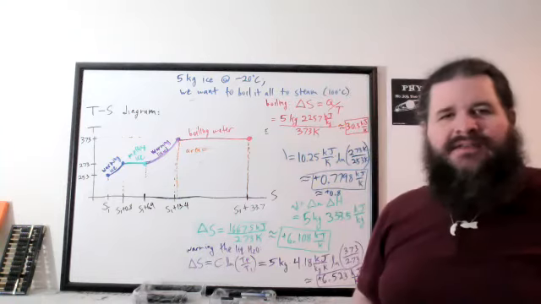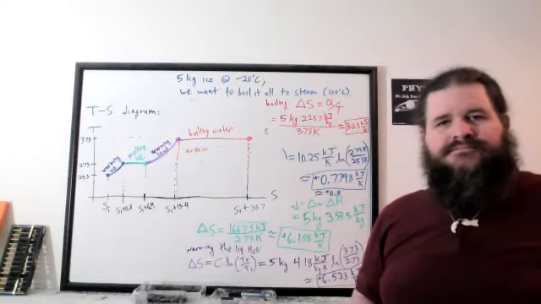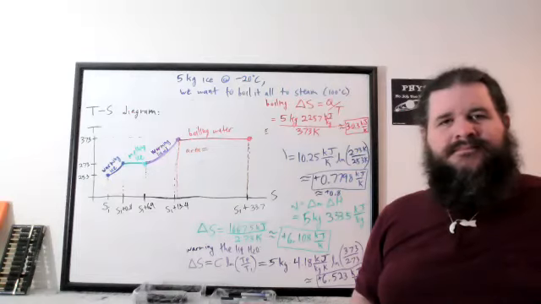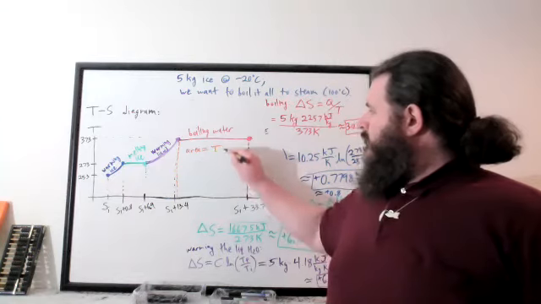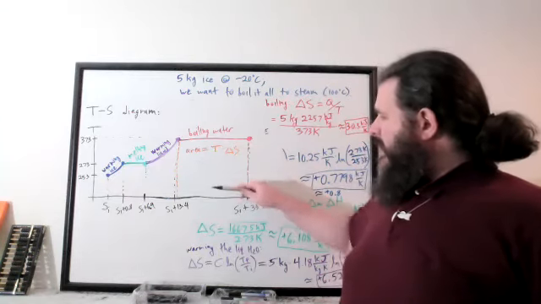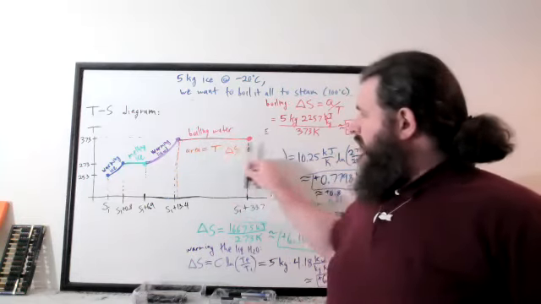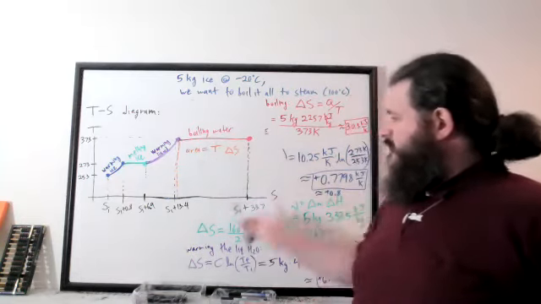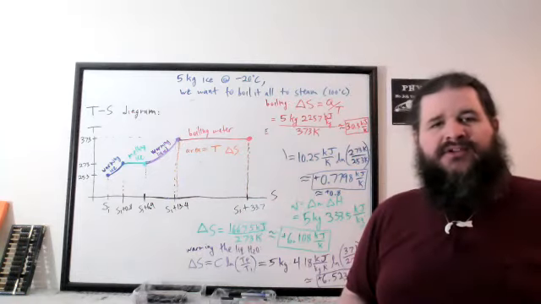How would you calculate the area under the curve there? You could multiply the temperature, since it's constant, times the change in entropy. Right. Because the height of this rectangle is just the temperature, 373. And the width is not the entropy, but the change in entropy from here to here. So the area is going to be temperature times change in entropy.